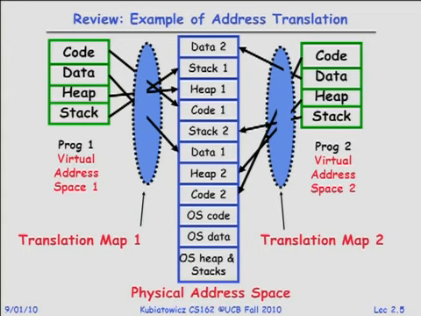Question, yeah. Are we kind of just hoping that we're never running so many processes that we use all our physical memory? Well, that's a great question. So are we hoping that we're not putting so many processes in here that we overload the memory? In your simple view of things I've given you here, yeah, we better not.